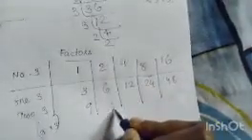Then 2 into 9 is 18. 4 into 9 is 36. 8 into 9 is 72. Then 16 into 9 is 144. These are the factors of the number 144. This is the way we find the factors of a given number.